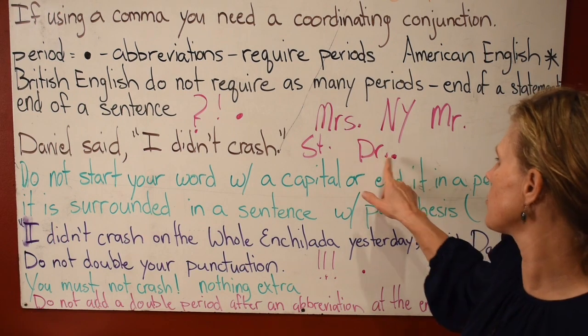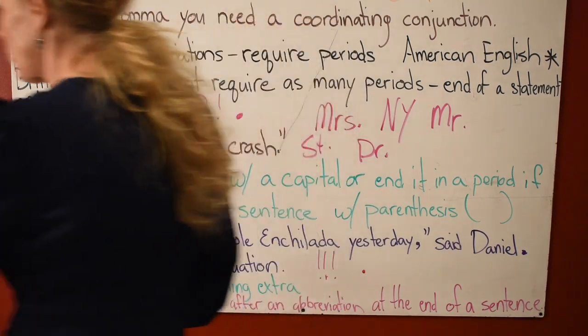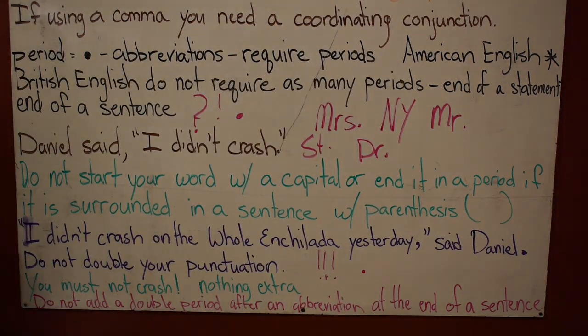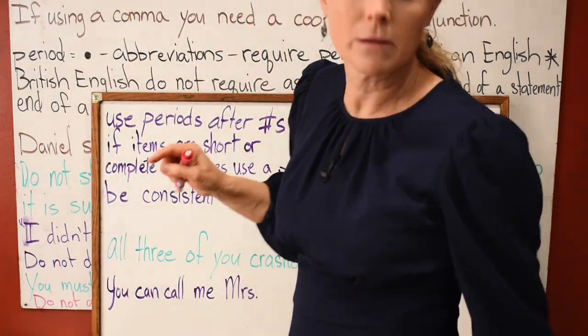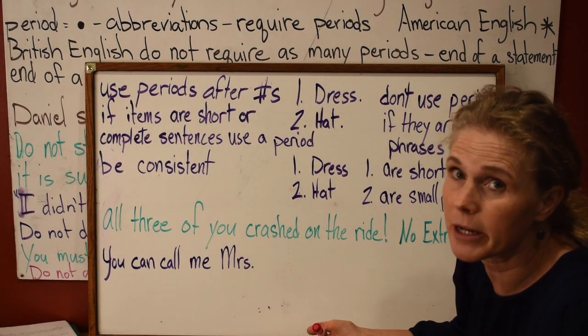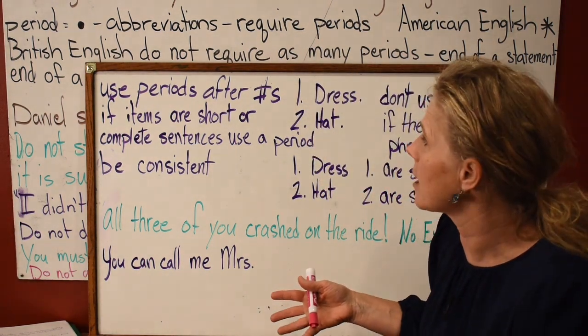You probably wouldn't abbreviate it for something like that, but still, if you use the abbreviation, you don't double period if it's at the very end. Okay? You just use 1 period. And I didn't address every period issue, but I'm addressing some of the main stuff.